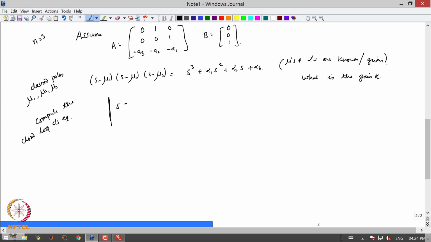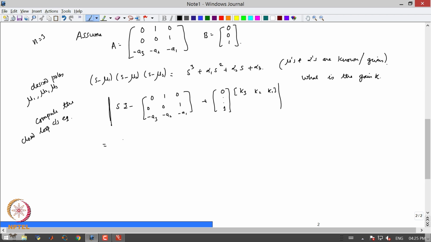I have sI minus A, which is 0 1 0, 0 0 1, minus A3 minus A2 minus A1, plus B times k, so 0 0 1 times k3, k2 and k1.